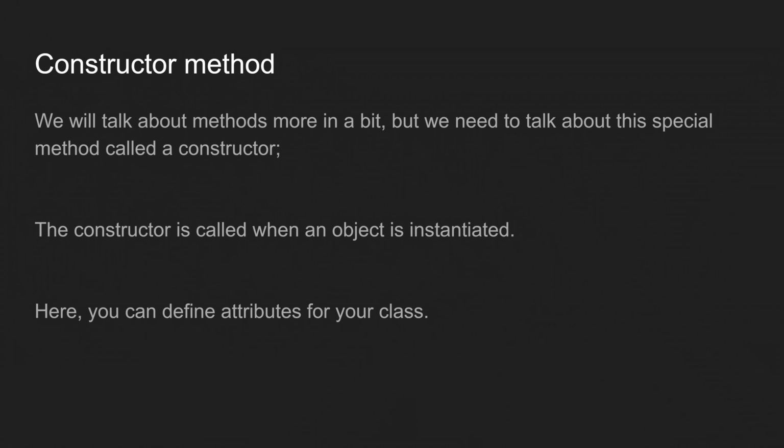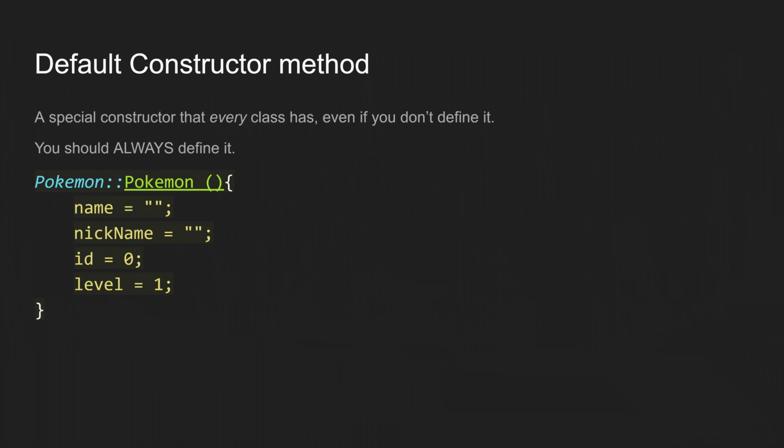And in here, you'll define your basic attributes. There's a special constructor that is there for every class. Even if you don't define it, it always exists. The compiler will put it in there for you. We don't want that. We should always define our default constructor. And to do that is really easy. We have Pokemon, and then this is our namespace, Pokemon. Then Pokemon, parentheses, curly brace, and anything inside of there is how we define it.